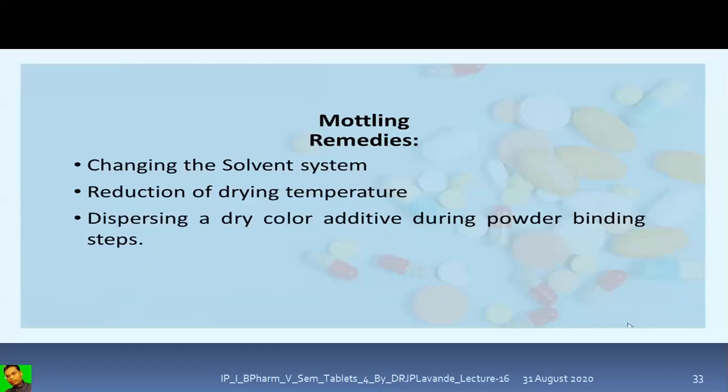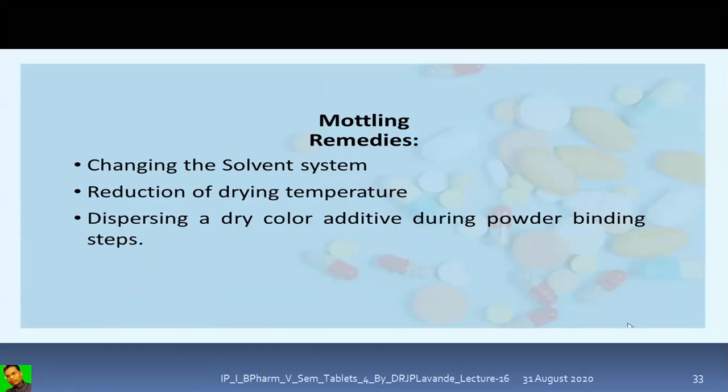Now, once all these are the causes, what will be the remedy? Changing the solvent system. Instead of using a particular solvent, if it is alcoholic, we should go for changing it. Either we can change the solvent or we can change the complete system. Instead of using organic, we may go for an aqueous one, or if it was earlier an aqueous one, we should try the organic one.